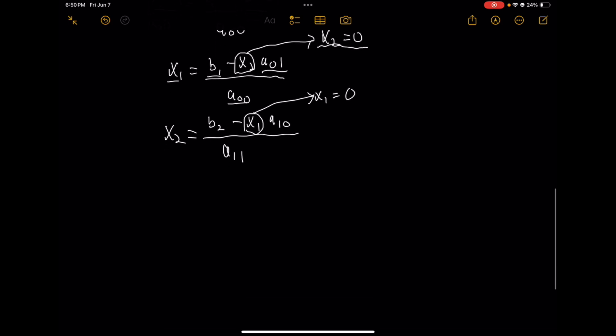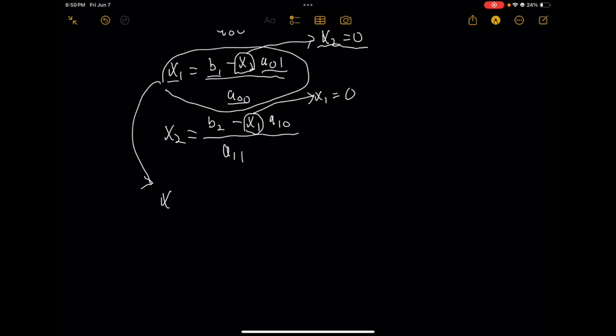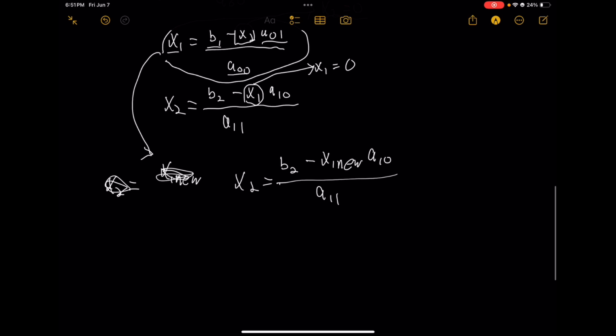So let's say we solved this equation and we get a new x1. That new x1, let's call it x1 sub new, we would use again to solve for x2. So x2 equals b2 minus x1 new times a1,0, over a1,1.